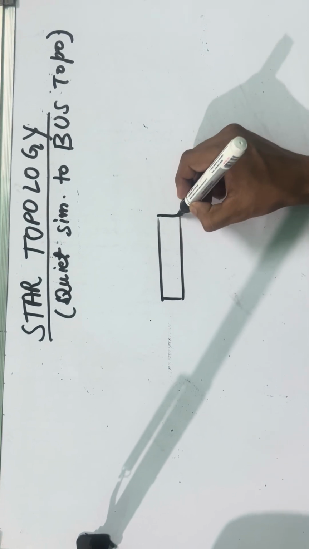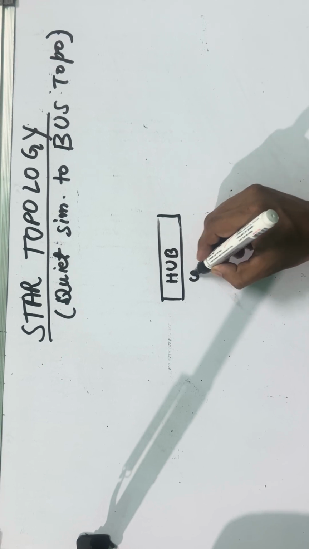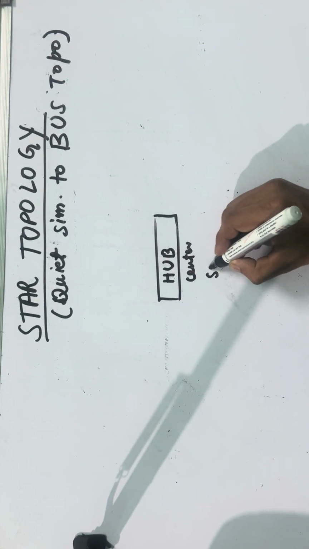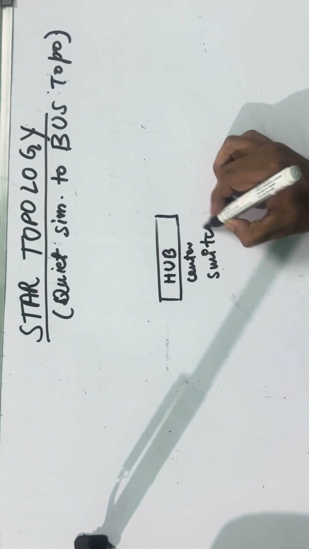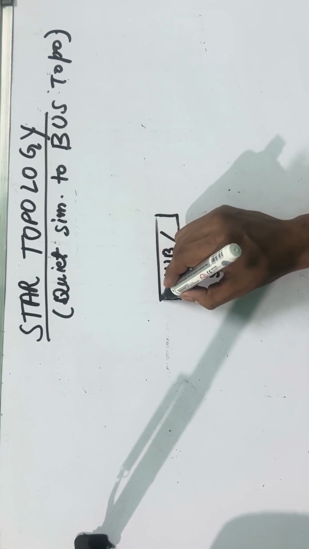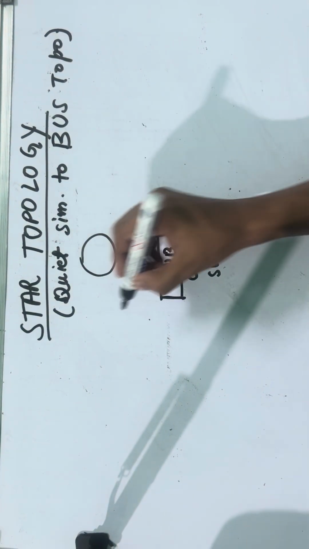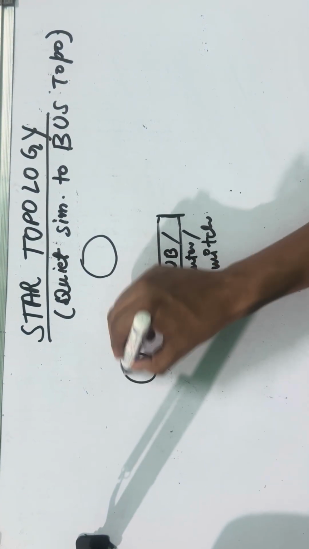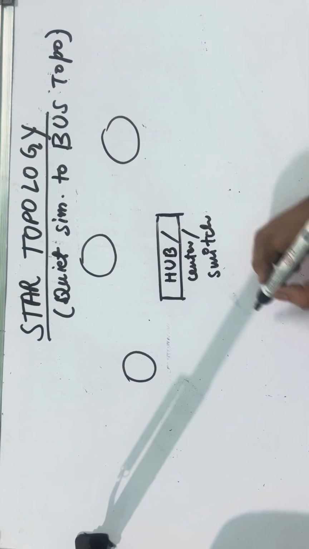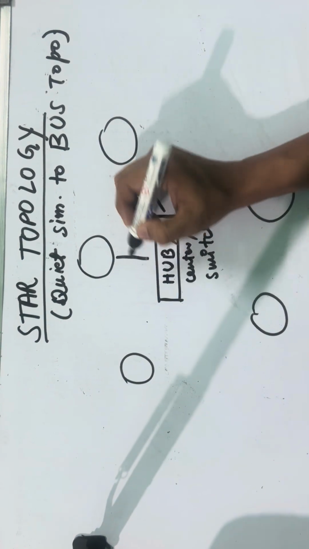This you can call a hub, or you can call it center, or you can call it switch, whatever you want to call it. There are different names for the center thing. And to this, some device is connected here, here, here, here. These are the cables.